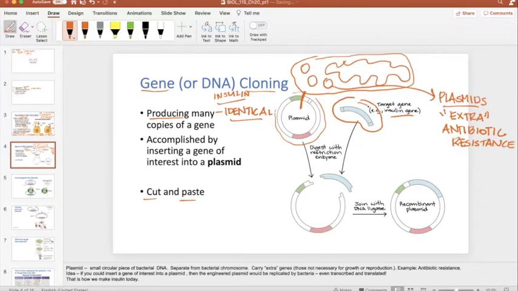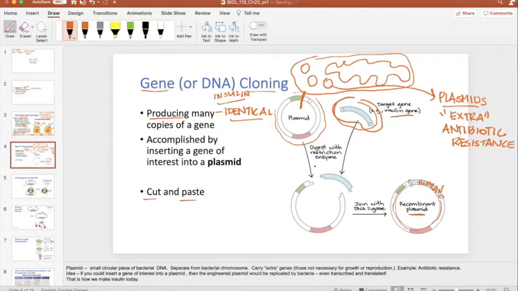We're going to paste in the gene of interest. So here's our insulin gene. And then we're going to actually weld this together, okay? So now what we have is what's called a recombinant plasmid that has both the original bacterial bit, which is what I'm outlining for you here, and the human insulin bit, which is what I'm drawing for you here, okay?